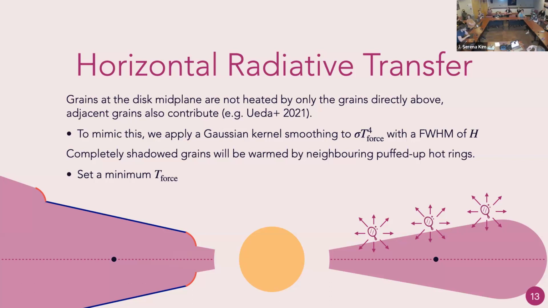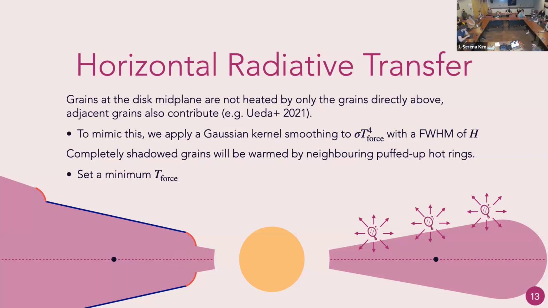And so the heating function, the forcing temperature, will be smooth. That amount of smoothing will depend on how far the optical surface is away from the disk midplane. To emulate that, we just add Gaussian kernel smoothing to the forcing temperature, where the width of the kernel is the scale height of the disk.